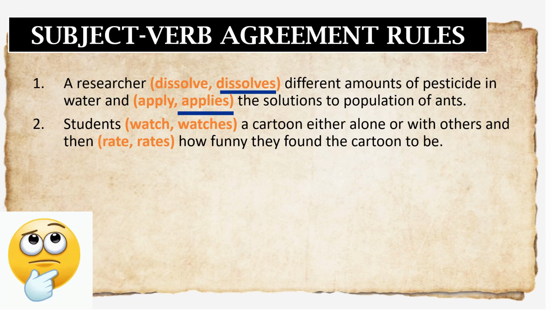Is it singular or plural? Plural, therefore we need to have plural verbs. What would be our answers? Students watch a cartoon either alone or with others, and then rate how funny they found the cartoon to be.